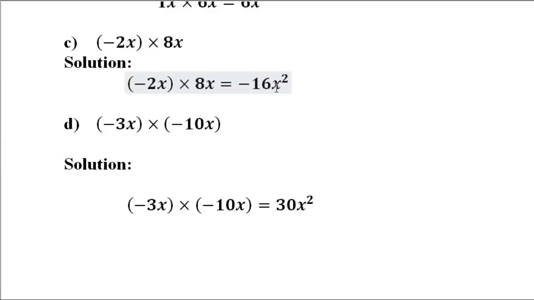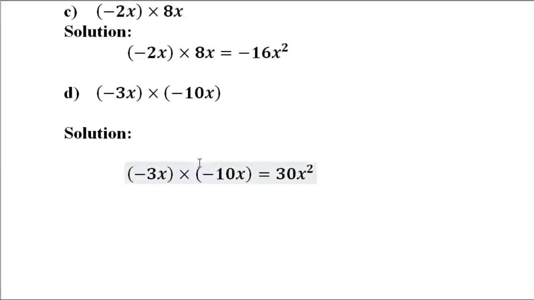Remember, in multiplication, the powers or exponents of the same variables are added. So the simplest form of -2x times positive 8x is -16x squared.